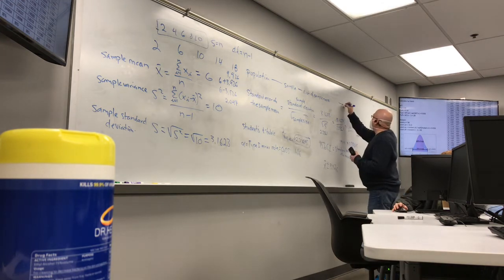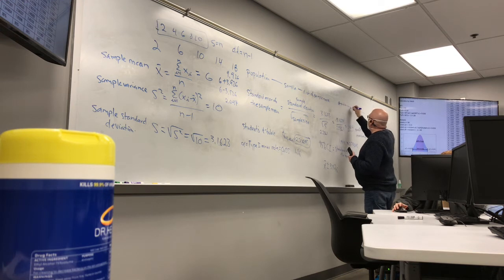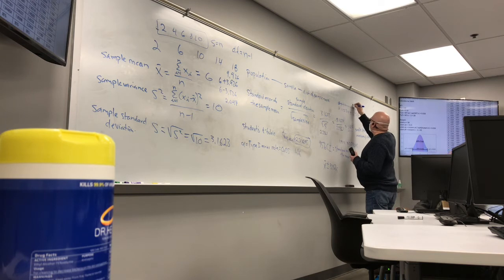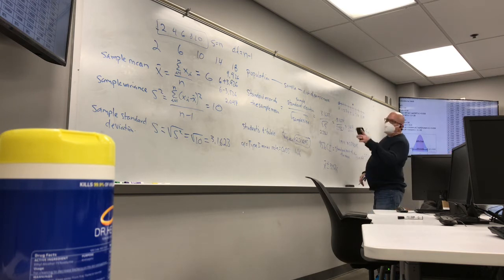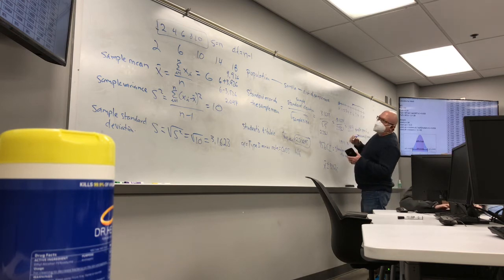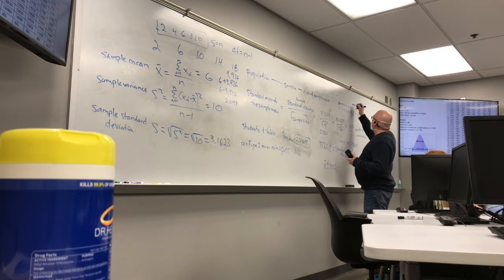If we have a number line, the average is here, and we would have to go up to 9.926, up almost all the way to 10, and down almost all the way to 2.